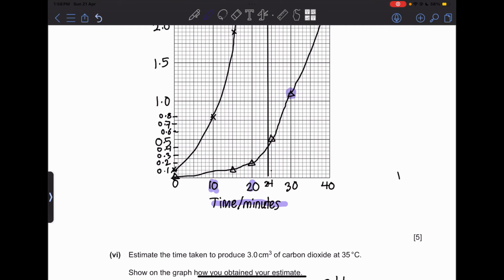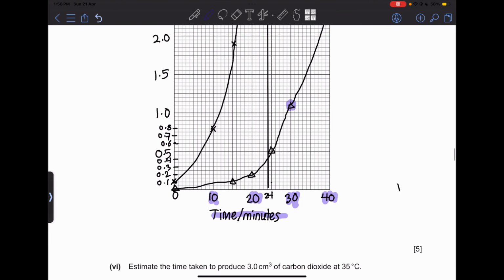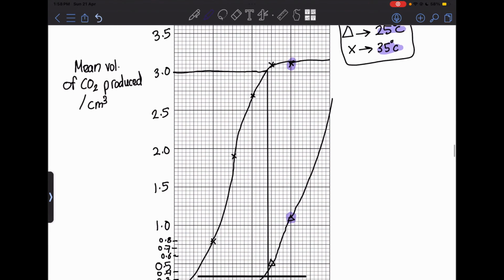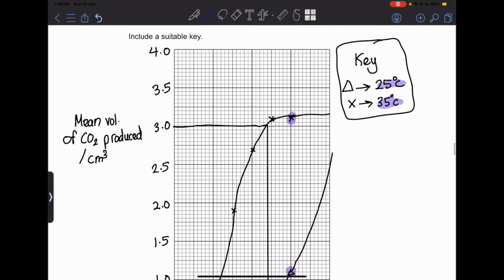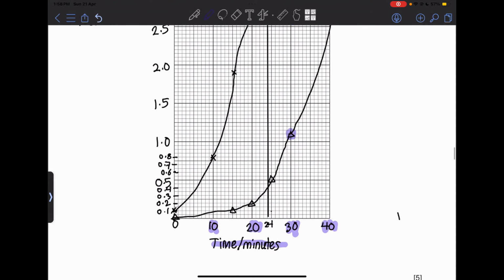This is 10 minutes, this is 20 minutes. You can, of course, distribute as you like, but this is the most efficient way of distributing. And I have plotted each of the points against time. Of course, we can see that for the 35 degrees, it became constant. It started to form a straight line, and the other one was still increasing.